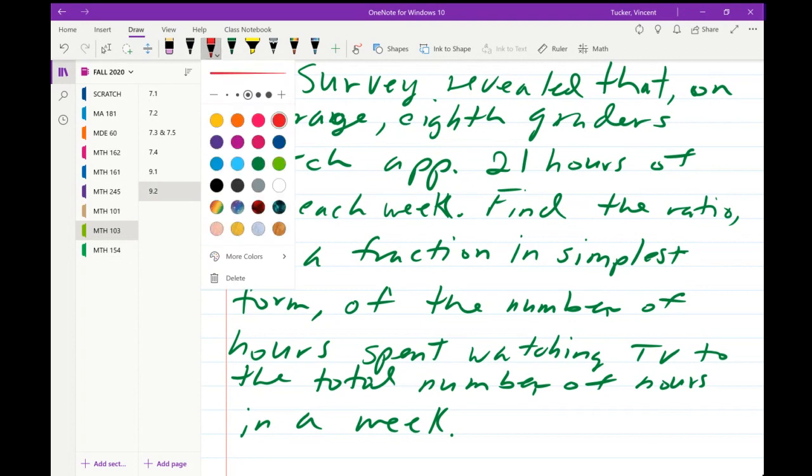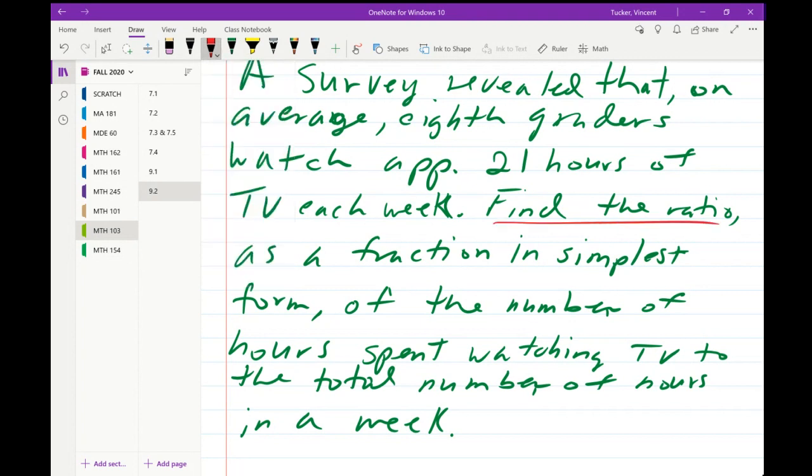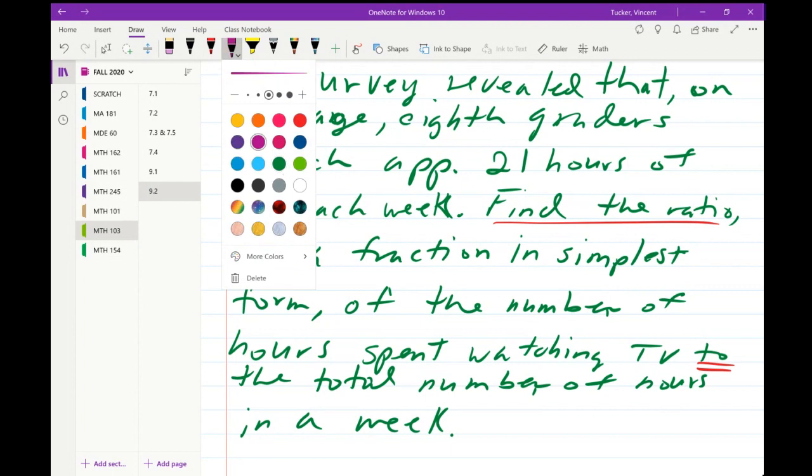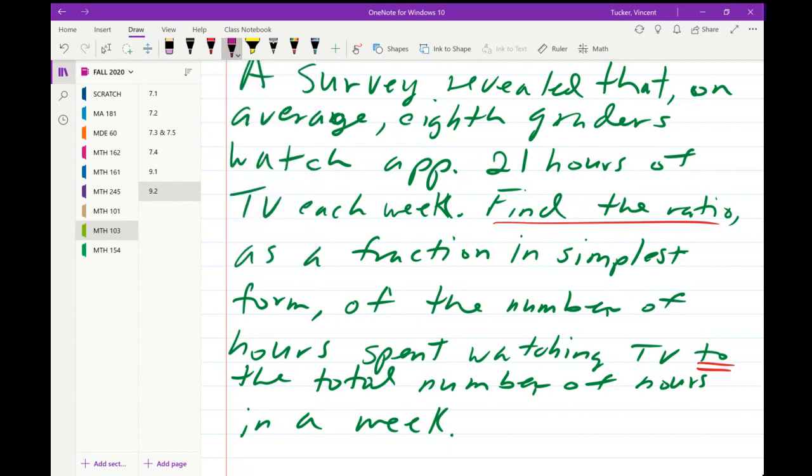All right, so they tell us to find a ratio. So that's where we're looking at how to set up the problem. So let's find a ratio as a fraction of the number of hours spent watching TV to the number of hours in a week. So that's the breakup of our ratio. In other words, whatever's in front of the word to is my top number, and whatever's after to is my bottom number.